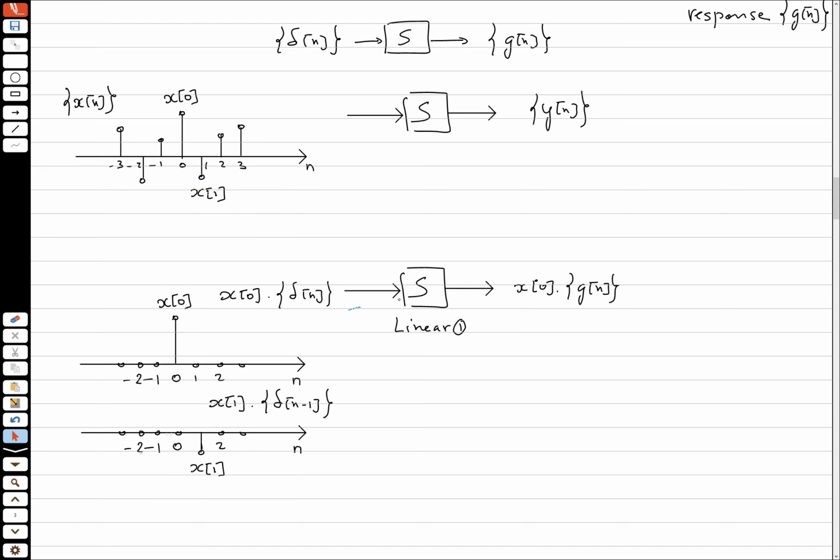If you input that into the system, can you predict the response? Do we have enough information? So what is the response?